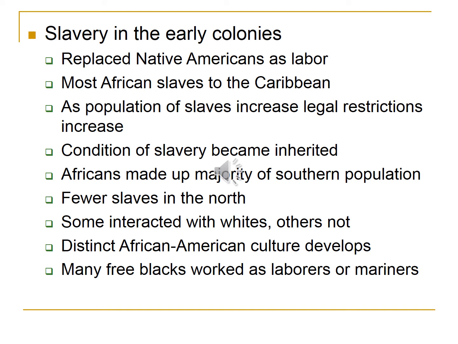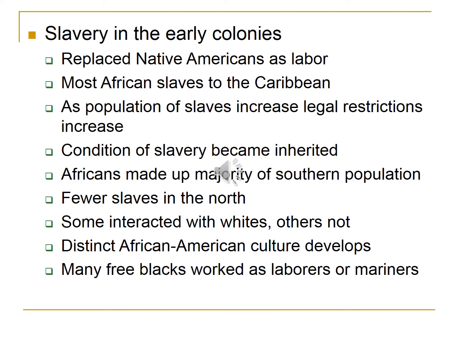And if the condition of the child followed the condition of the father, then many of the children would have to be freed. So your condition was dictated by what your mother's condition was when you were born. So if your mother was a slave when you were born, then you were a slave.